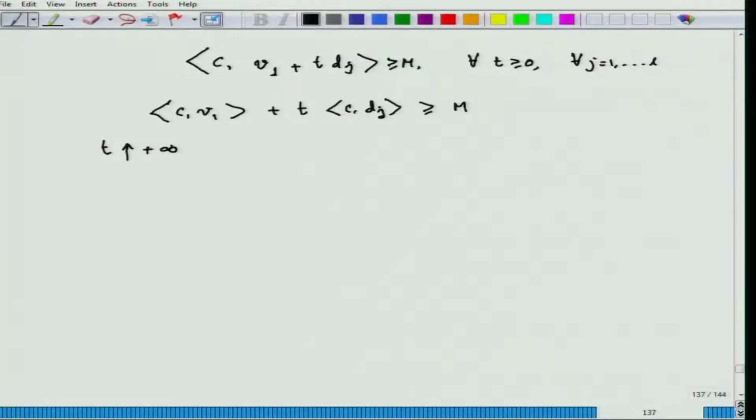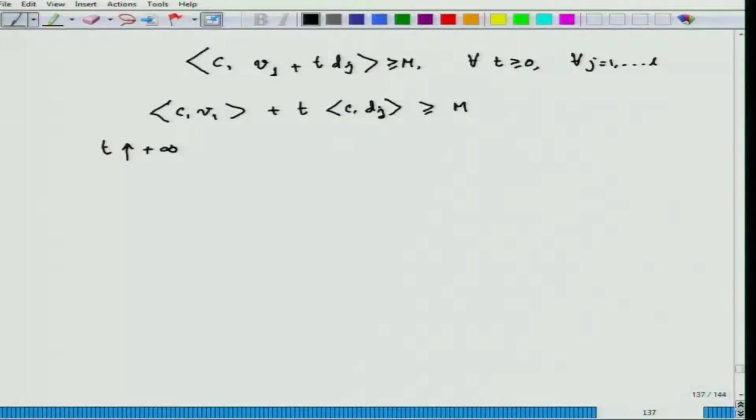Finally, it will overpower C V1 and go completely into the negative domain, and the value will continue to go down because C V1 is fixed, and it can go just below M. So, as t tends to infinity, because of this bound, it implies that C transpose d_j has to be greater than or equal to 0 for all j. This is what I have.